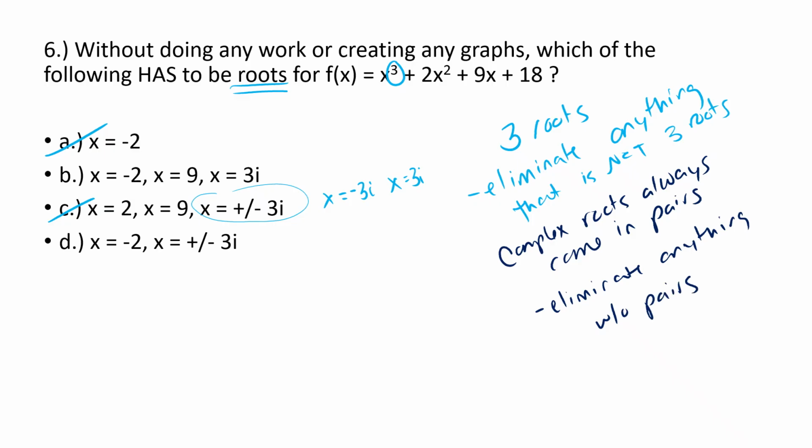Okay, and if you look at answer choice B, it's got this 1 rogue complex root there. It's where it says x is equal to 3i, and there's nothing to go with it. So we have x equals negative 2, which is real, x equals 9, which is real, and then x equals 3i, which is not real. And we know that the complex ones always come in pairs. So that can't be it, which means this has to be my answer choice.